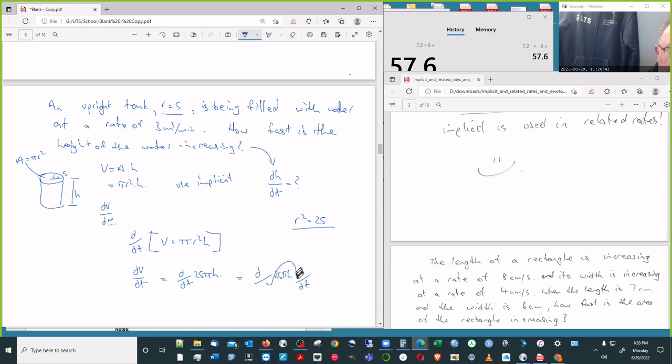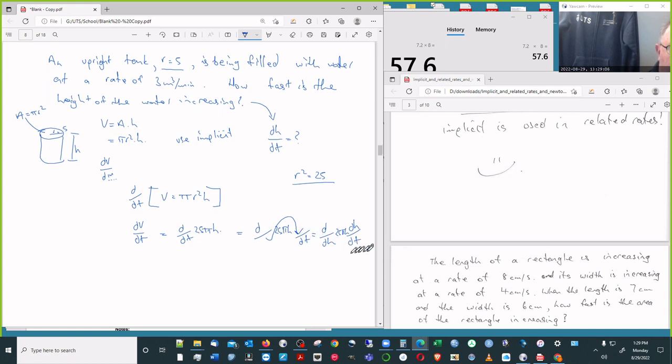What would be an appropriate thing to put there to make that work? We would need to use dh. So we've invoked the chain rule and we've got our parts here. So this now makes perfect sense.